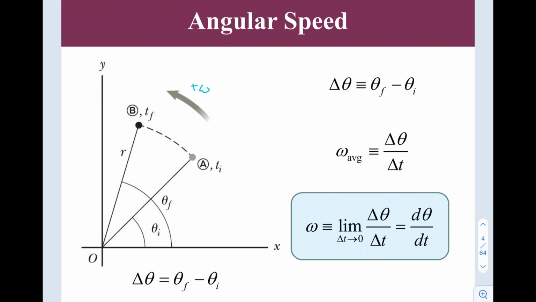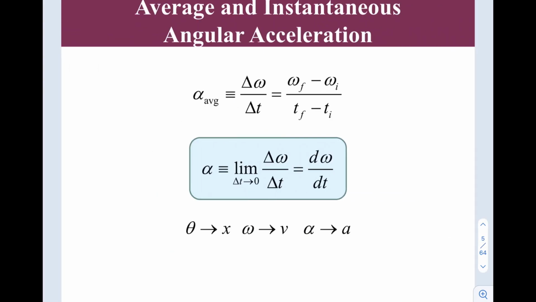The instantaneous angular speed is defined as the limit of delta theta over delta t whenever t is approaching 0. So it's equivalent to d theta over dt. The unit for angular speed is radian per second, or we can also put it as per second.